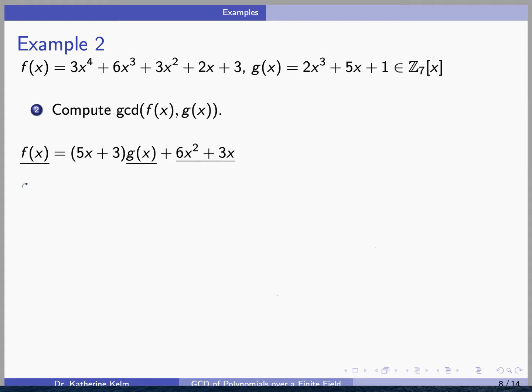So now we get to divide g of x by 6x squared plus 3x to get quotient and remainder for our second step. So our coefficients look like 6, 3, 0, and g of x is 2x cubed plus 0x squared plus 5x plus 1.